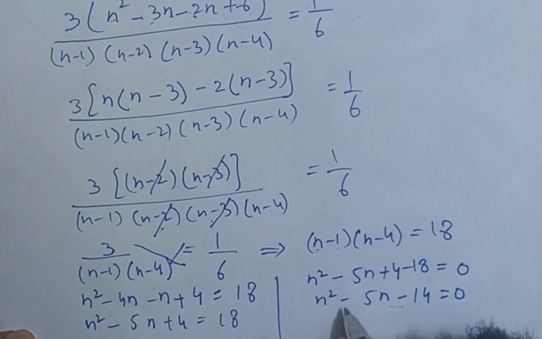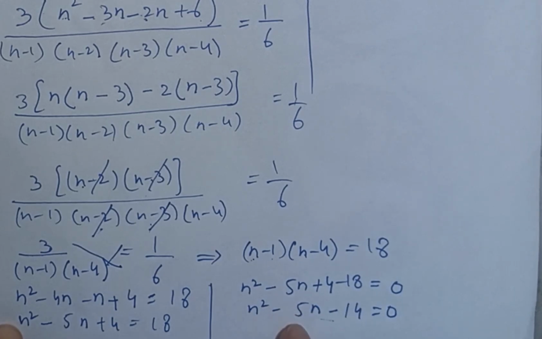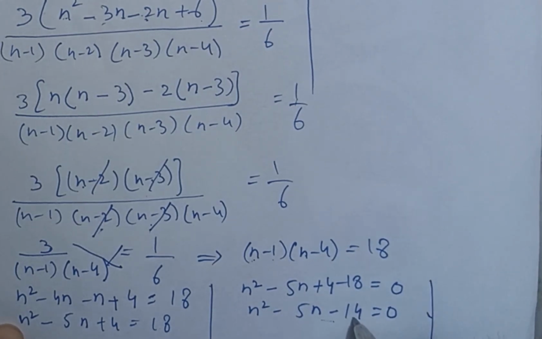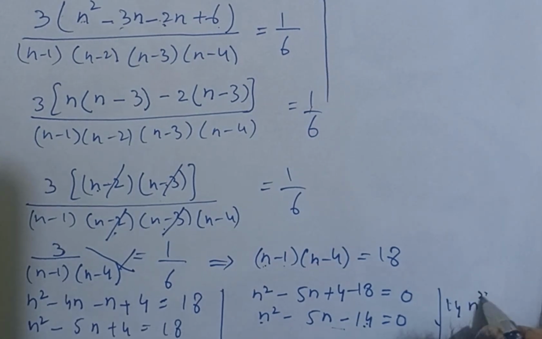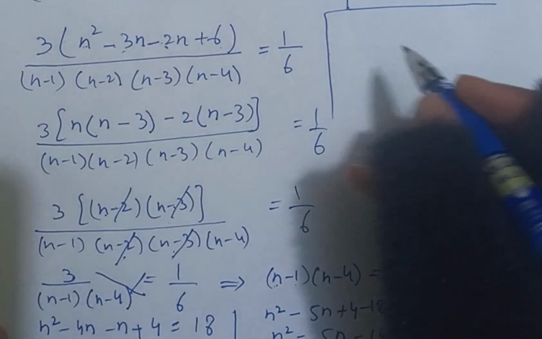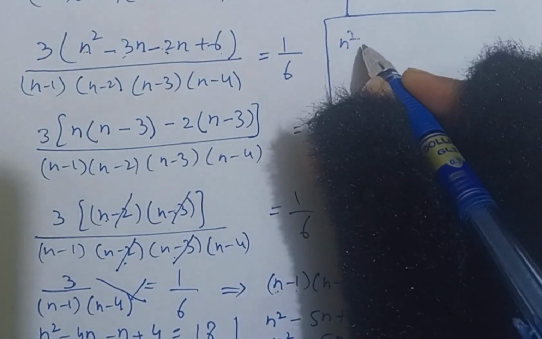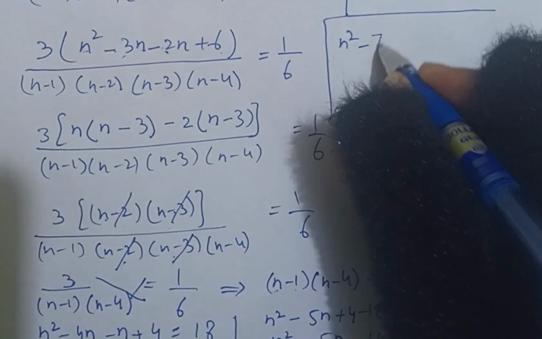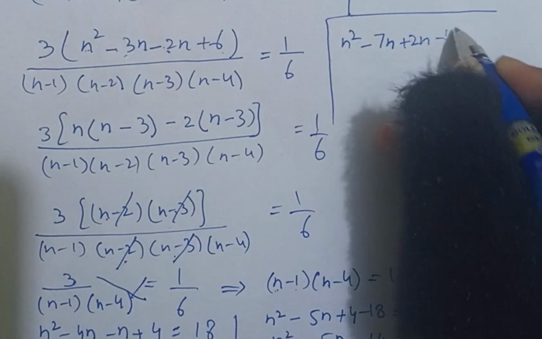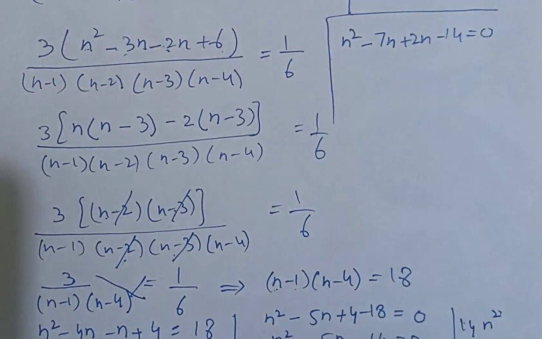Now we factorize this. We split our middle value minus 5n into two numbers such that if we multiply these two numbers, we get minus 14n², and if we add or subtract these numbers, we get the middle value. So we can write it as n² minus 7n plus 2n minus 14 is equal to 0.